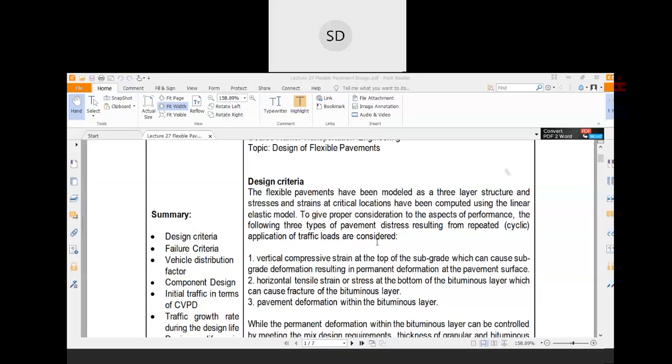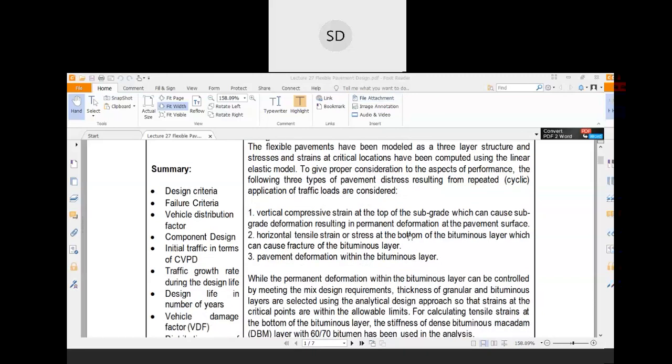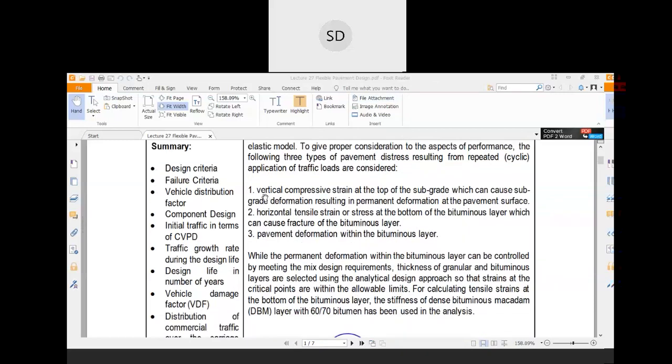So whenever we are testing or finding the failure life of a pavement, we need to consider the repetitive cyclic load. By using that repetitive cyclic load, we will find after how many revolutions some cracks are generated over the pavement surface.